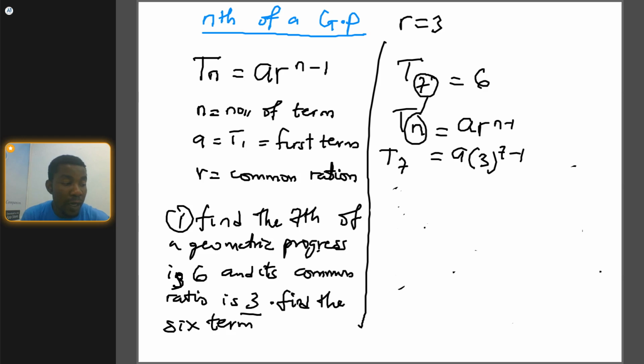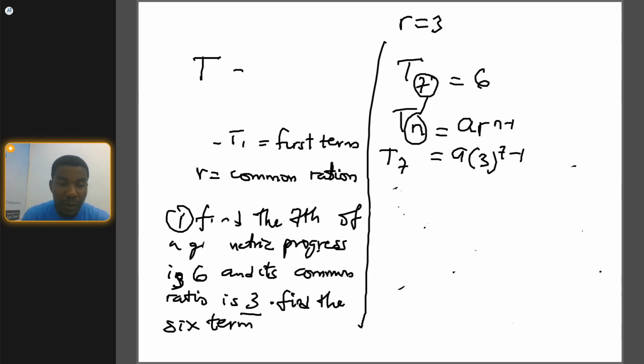Okay, so we are having the first term. The question is wrong from the onset. It's supposed to be the first term of a GP, not an AP. Permit me to wipe the board.